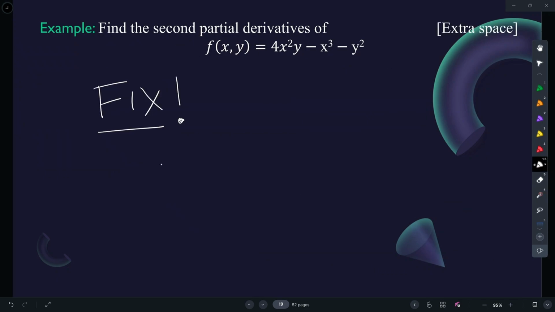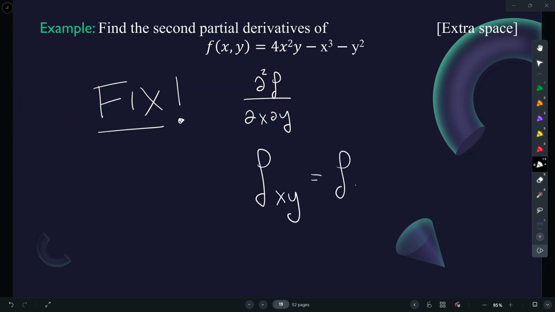So in the notation with the deltas, this does mean that I'm going to hit it first with respect to y and then with respect to x. Okay? But I think it makes more sense to say that this means that I've hit f with x, which is closer to it.